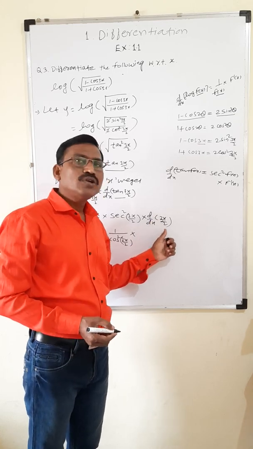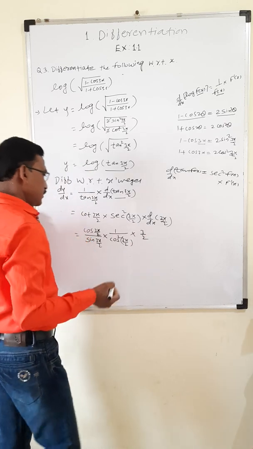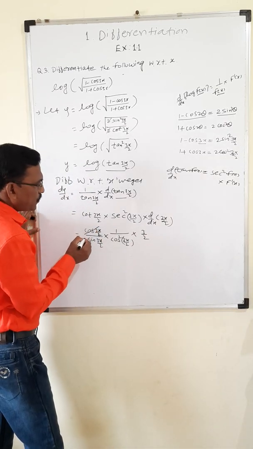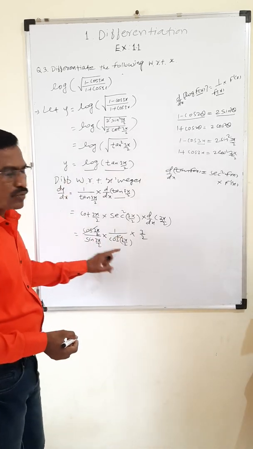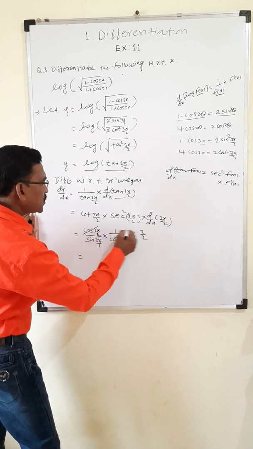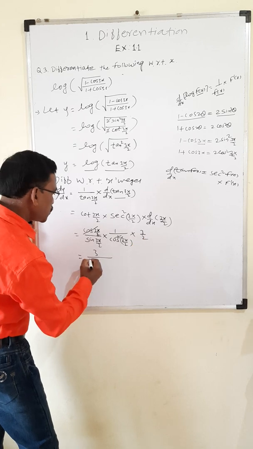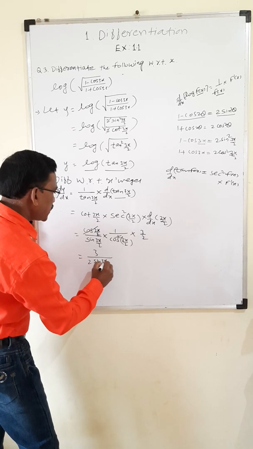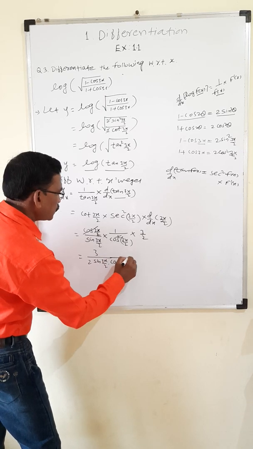That's why 3 by 2 into 1 is 3 by 2 only. Now we cancel out cos of 3x by 2. Now what remains in the numerator is 1 into 3, so 3 by 2 sin 3x by 2 into cos 3x by 2.